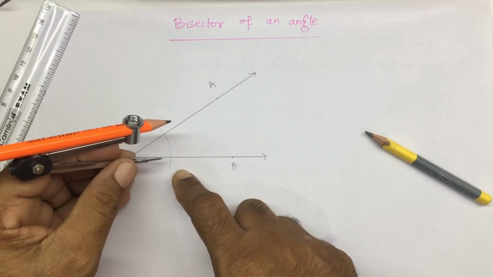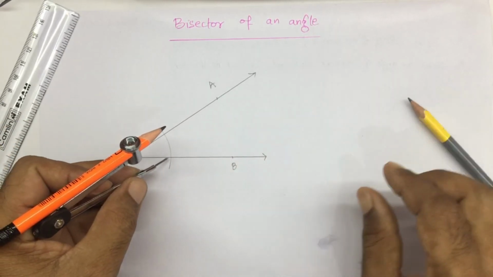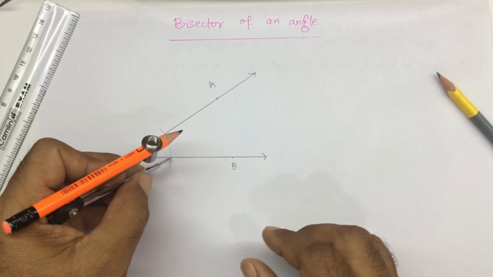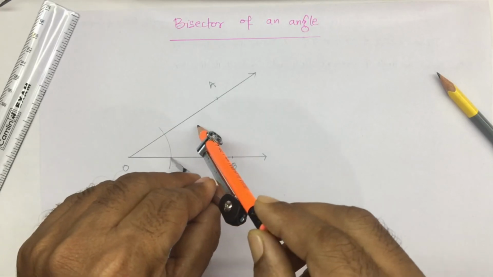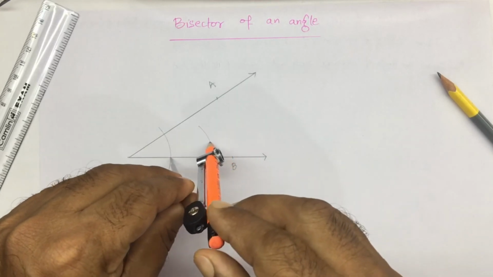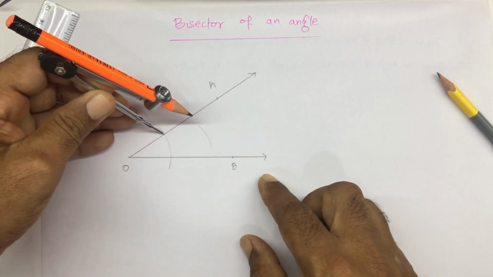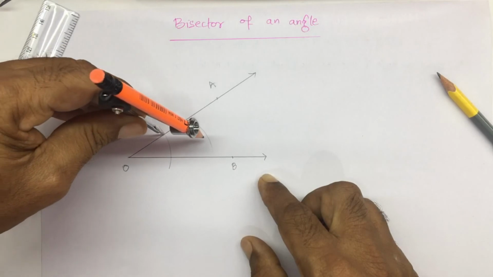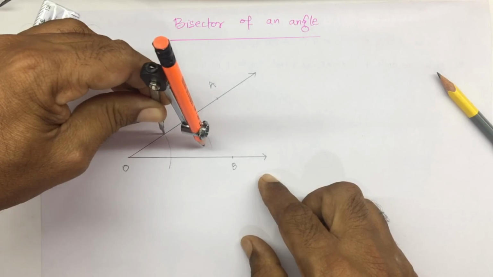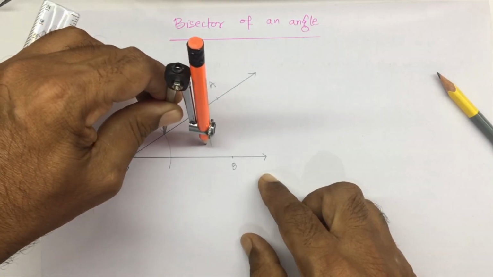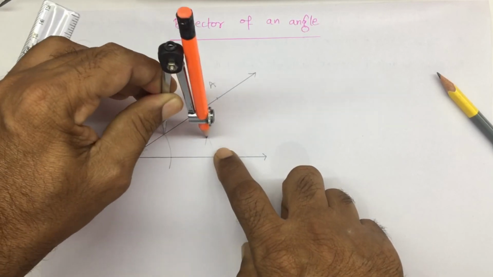Let us say this is one point and we have another point here, and with the same radius, without changing its length, we draw another arc in the middle of this angle, and from the other point we draw one more arc, that is the fourth arc, so that it intersects the third arc.